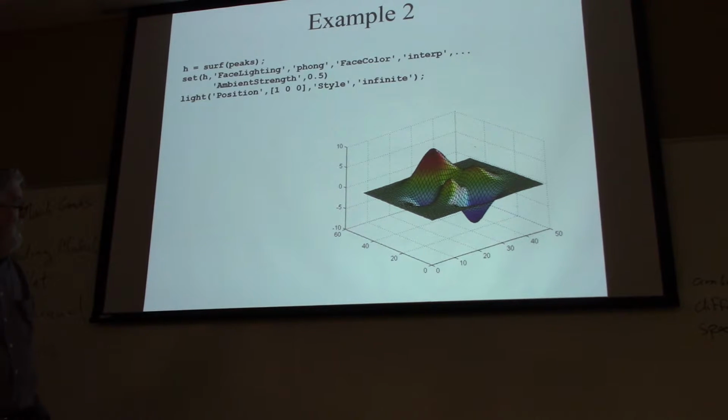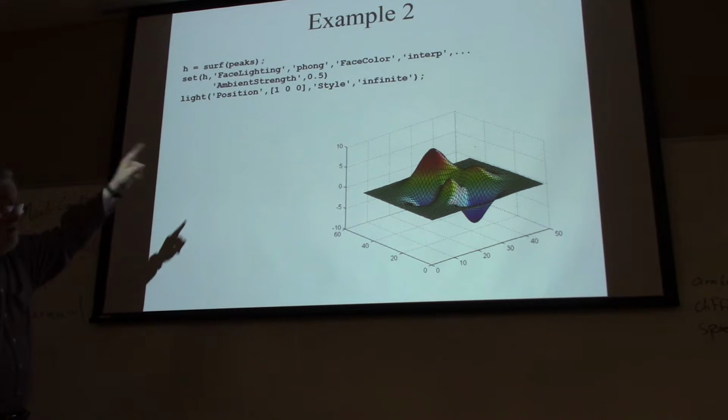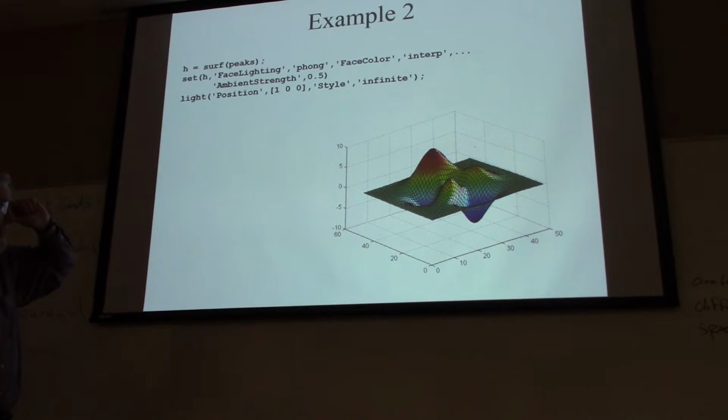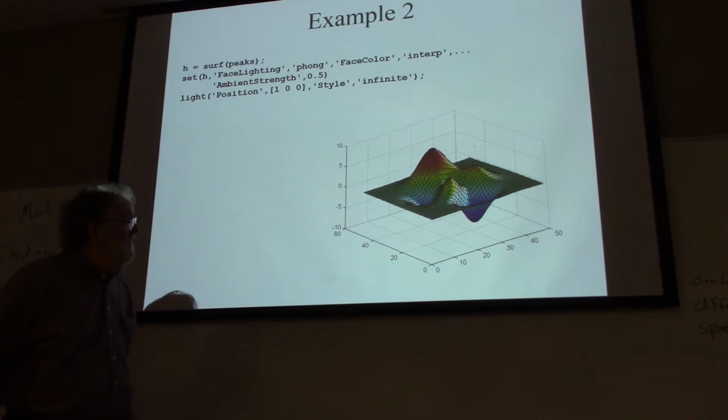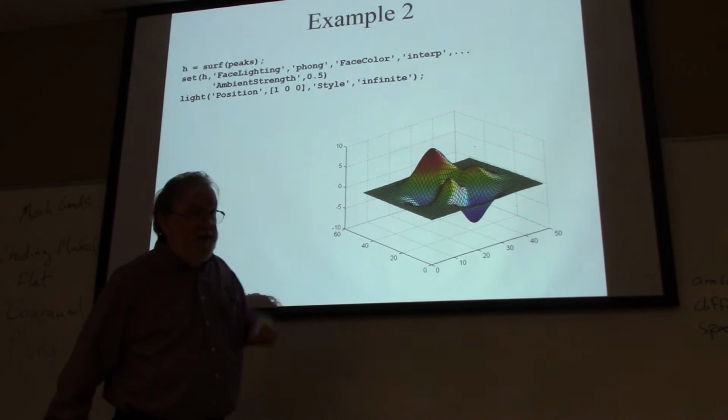We'll look at the MATLAB. And here the light has a style of infinite, so the position is a vector. So the light is coming in from the direction of 1, 0, 0. I'm guessing they're trying to say it's coming in from that direction.